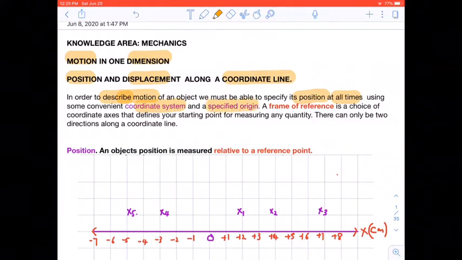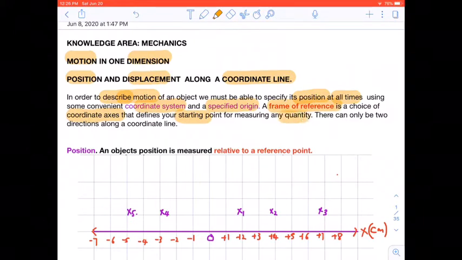That's important. So a frame of reference. We need to have a frame of reference, which is a choice of coordinate axes that defines your starting point for measuring any quantity.